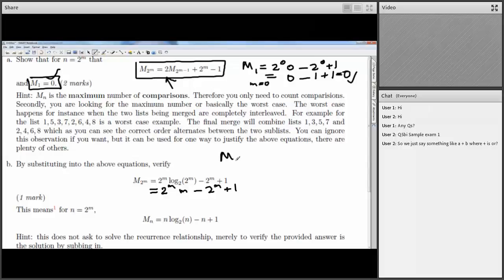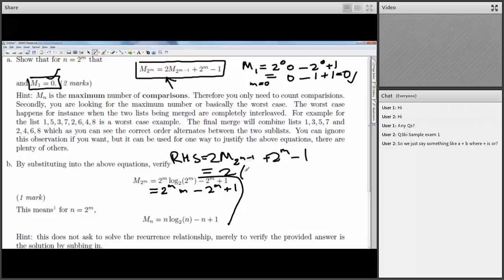So m to the 2m, that's 2m to the 2m minus 1 plus 2m minus 1. So this is the right-hand side. So replace it by our expressions we've got here. We've got 2 lots of this thing here, but instead of m, we have m minus 1.